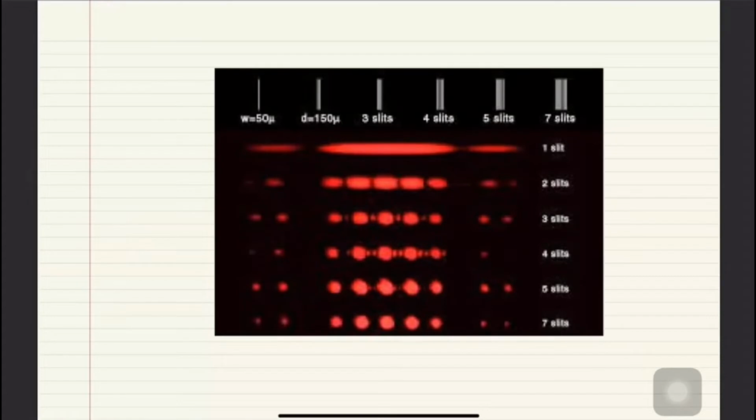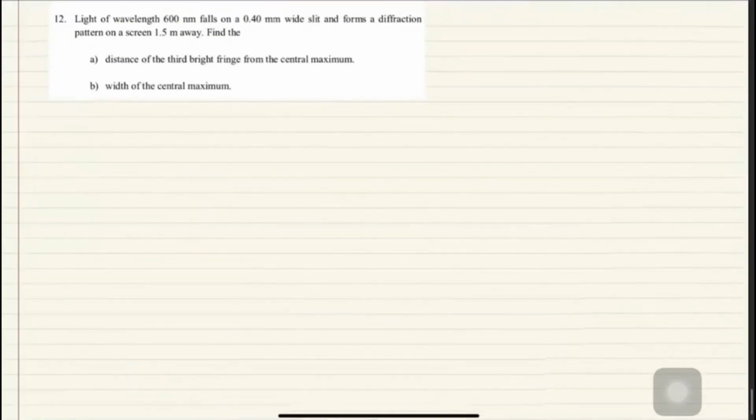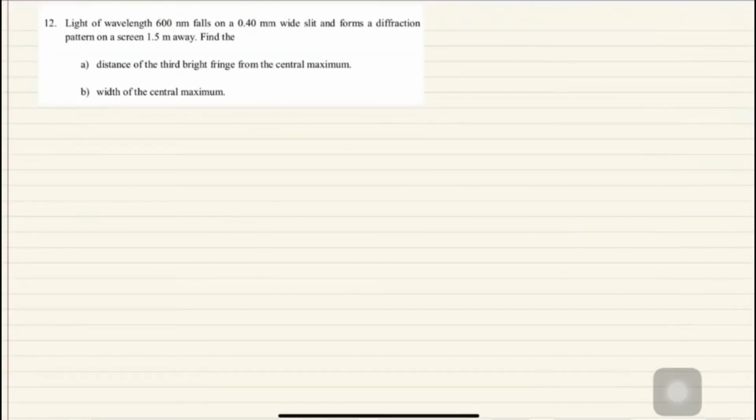Let us try doing questions. Okay, and then let's see whether you really understand this. We start with diffraction first. So it is question 12 from your tutorial. I think this one is straightforward. It says a light of wavelength 600 nanometer falls on a 0.4 mm wide slit and forms a diffraction pattern 1.5 meter away.